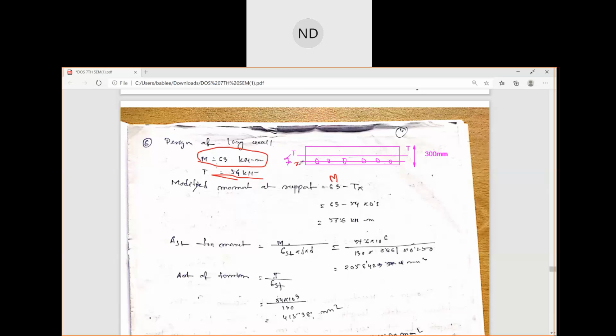Now the moment due to this tension: the total moment here at the support is 63, and there will be some amount of moment due to this tension. Suppose this is the tension, and at a distance of x, these are the rods placed here. So there will be a moment here due to this tension. So that is T into x.